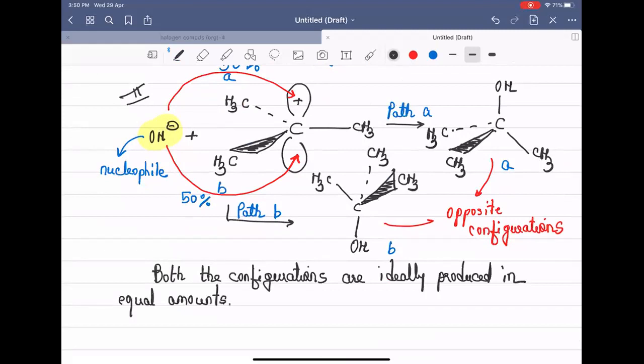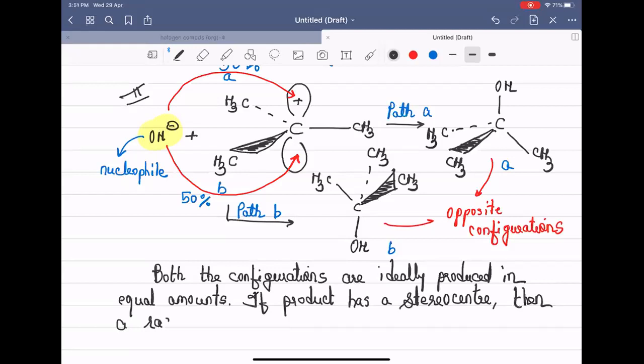So now, if your product has a stereo center here, then a racemic mixture is produced.